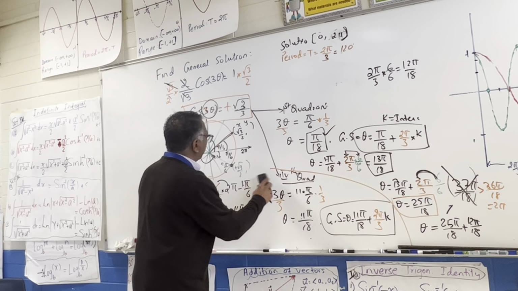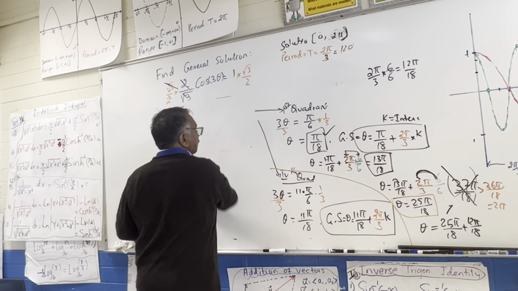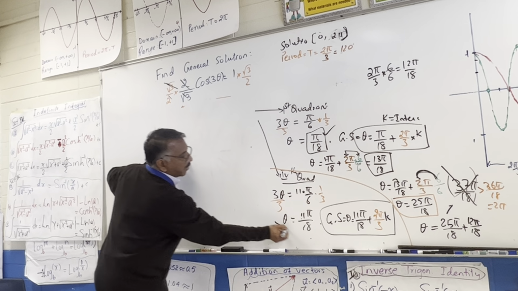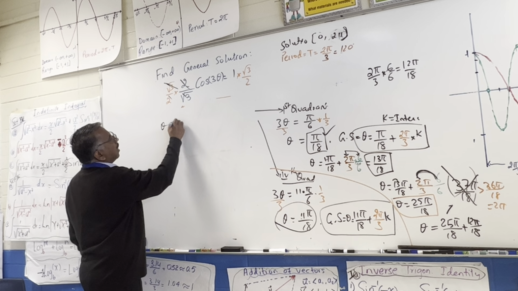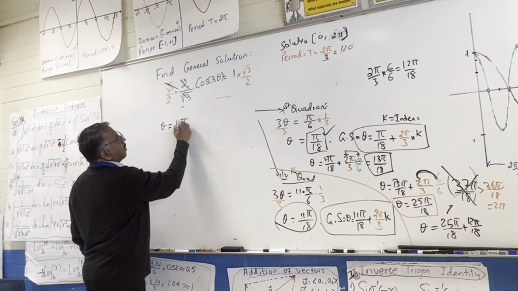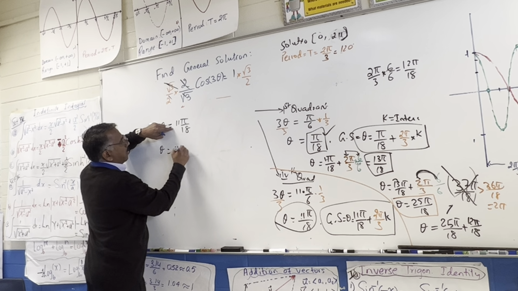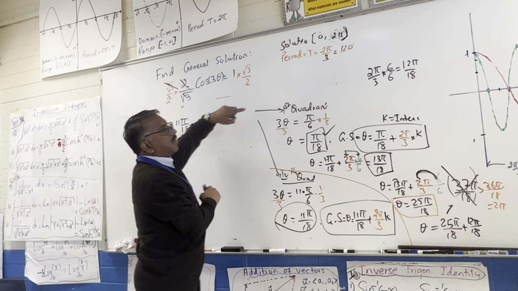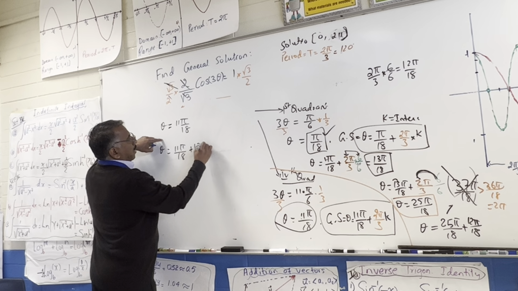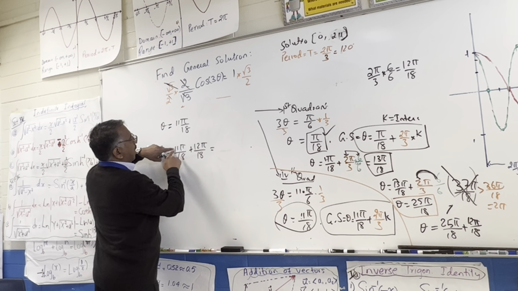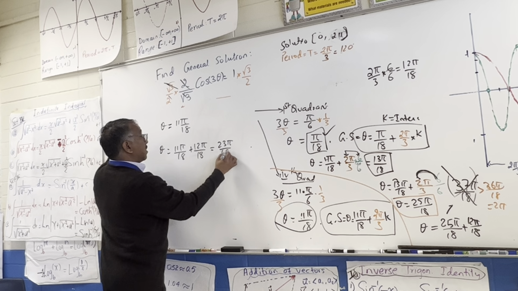Now we need to do also for this one. So theta here was, let me write here, theta was 11 pi by 18, right? So the next one will be theta is 11 pi over 18, and you just add this 12 pi by 18. So that will give you 12 plus 11 is 23 pi by 18, correct?